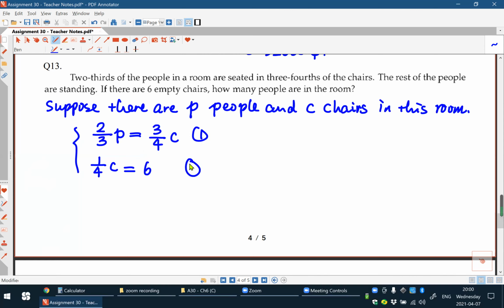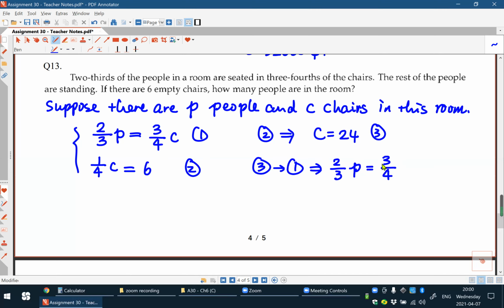Okay, so 2 variables, 2 equations, we should be able to find the values of C and P, right? So let's label these 2 equations. First, from equation 2, we know that C is 24. That means 24 chairs in this room. And then we can put this into the first equation. This will give us 2/3 of P equals 3/4 times 24, right?